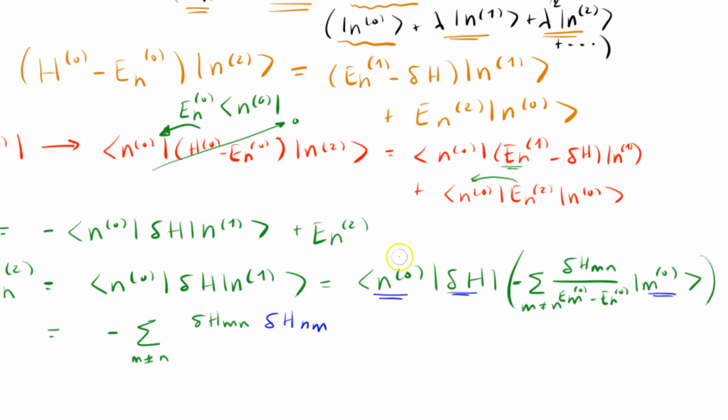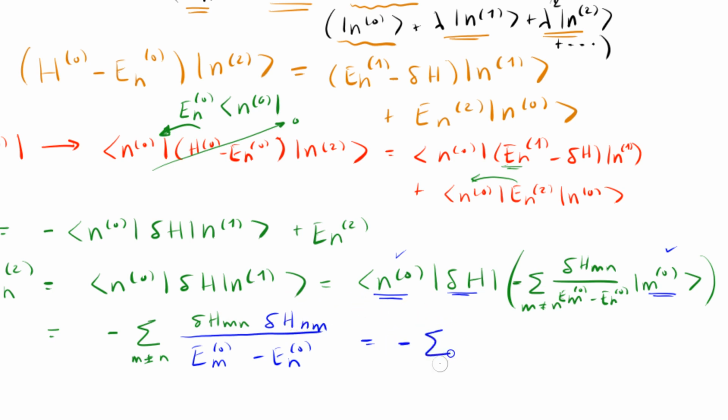Because it's just a matrix element between n and m. And then this whole thing is over em0 minus en0. And since delta h is Hermitian, remember the Hamiltonian is Hermitian, this guy is the same as this guy because its complex conjugate is the same.